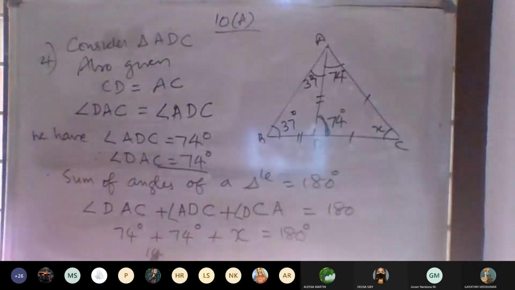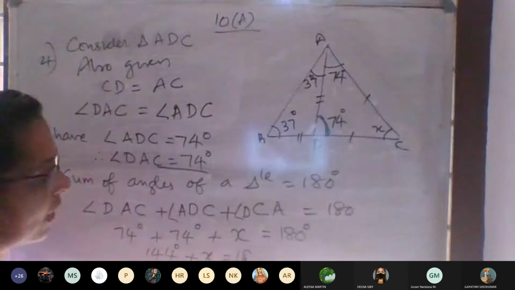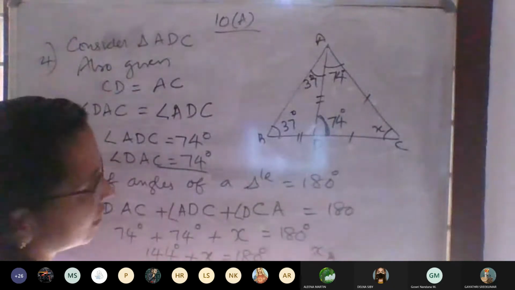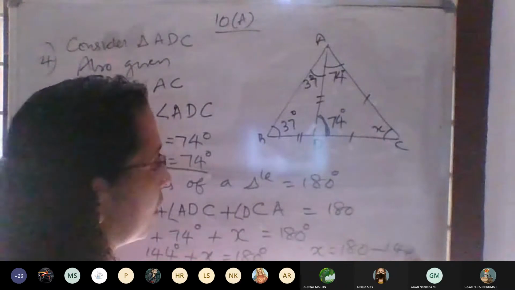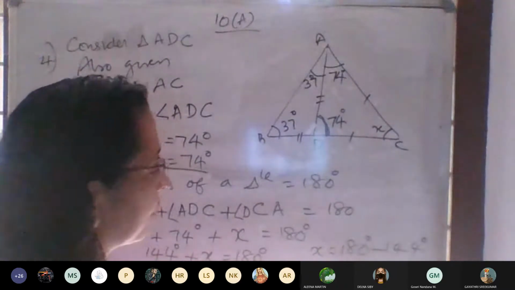So 74 plus 74 is 144 degrees, plus X is equal to 180 degrees. Therefore X is equal to 180 minus 144.